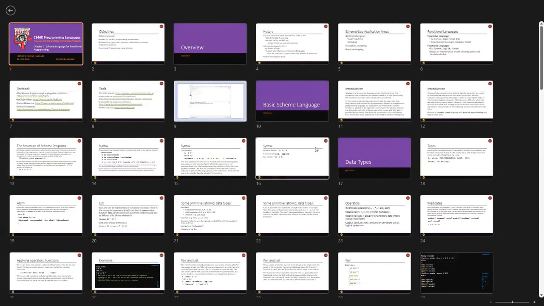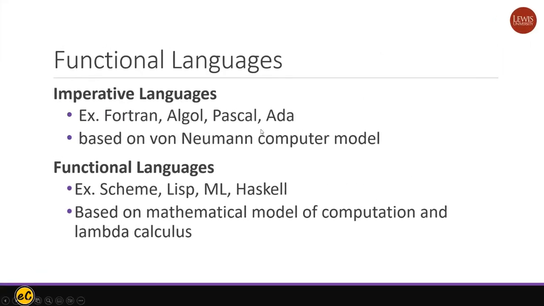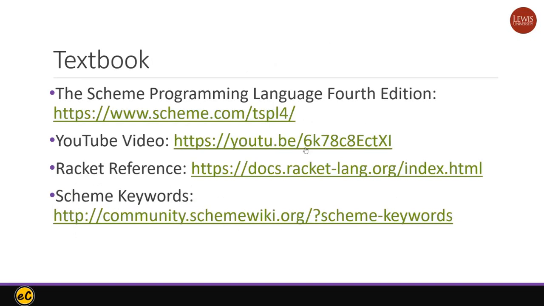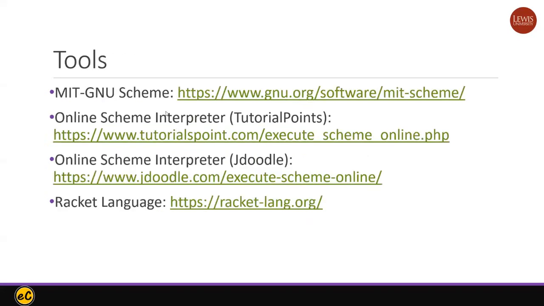We still don't know. In academic areas, people are still trying, and they still teach this for research purposes. Textbook, you can find from the slides, if you are interested.